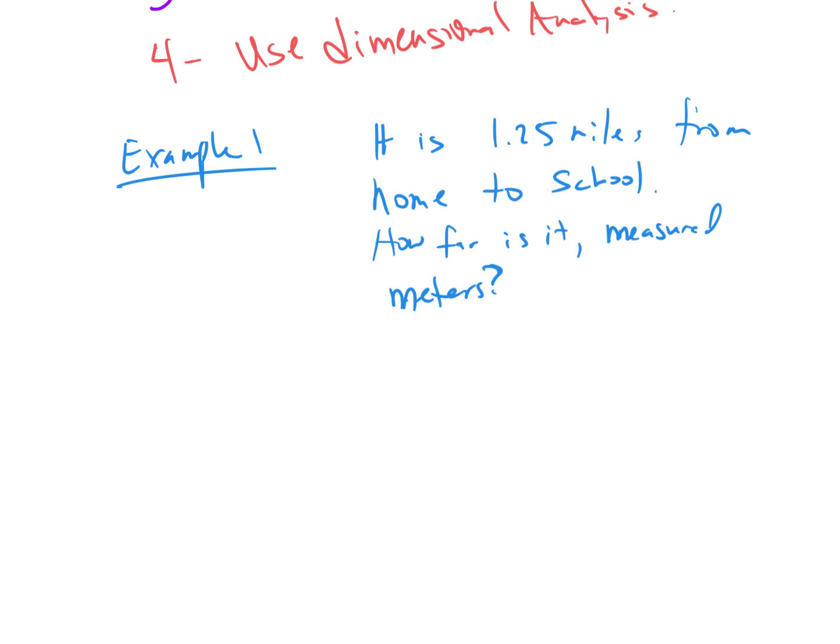Okay, what's our first step? What are we looking for? How far in meters? So I just write m equals question mark, even though it's right there, so I know what I'm looking for. I can look back and see that's what I'm looking for. What's my next step? What do we know? I know it's 1.25 miles.